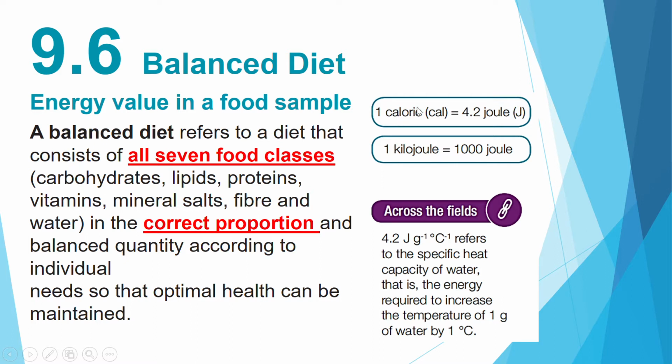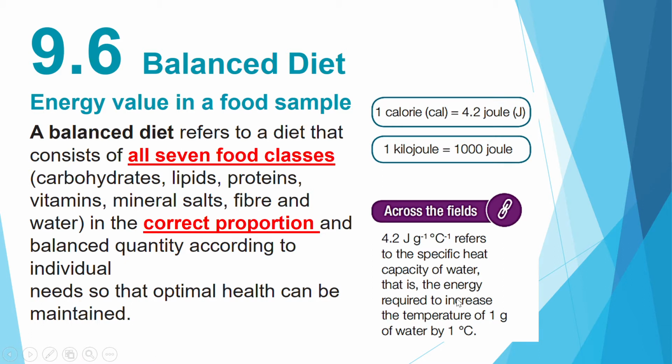Alright, so 1 calorie is equivalent to 4.2 joule and 1 kilojoule is equivalent to 1000 joule. So 4.2 joule per gram per degree Celsius refers to the specific heat capacity of water.